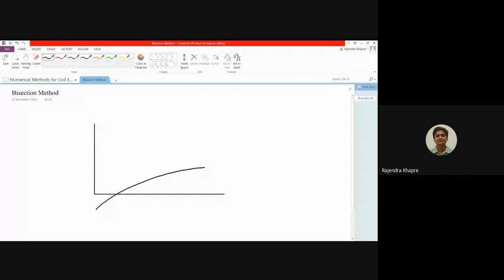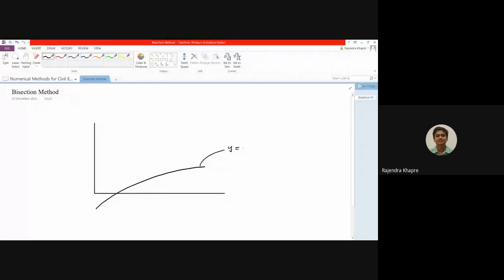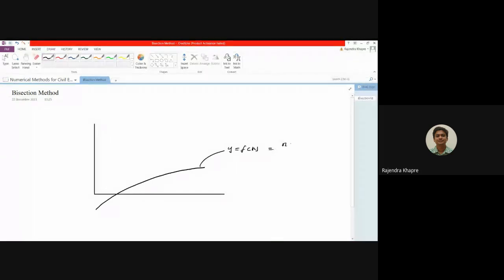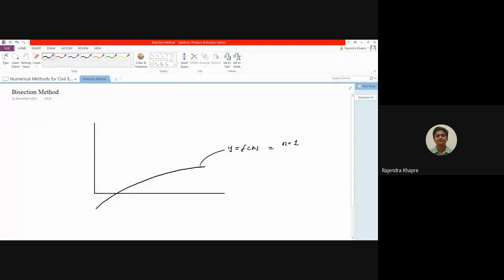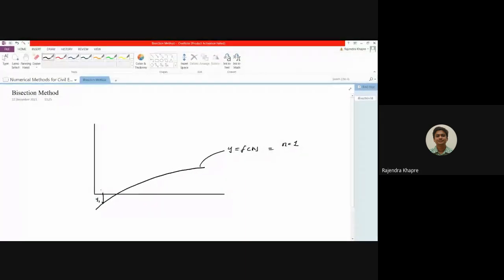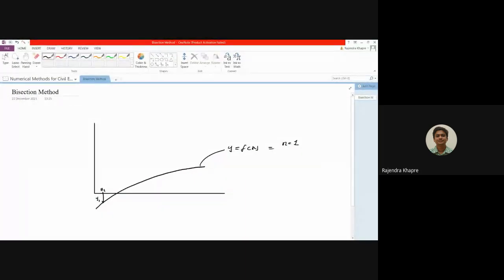Here y is a function of x. This means whenever the value of x changes, the value of y will also change. For example, let us say your x value is 1 over here. Accordingly, this will be y1, and this will be your x1. The y value is on the negative side.